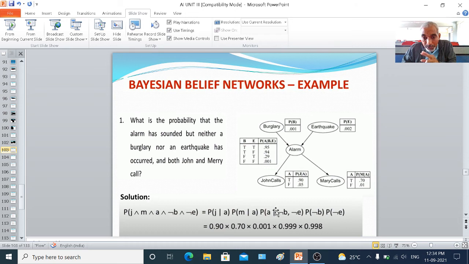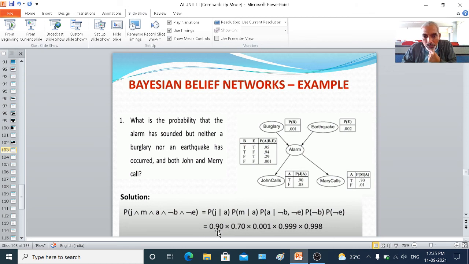So probability of A given that negation B, comma, negation E, right, into the next one: probability of negation B into probability of negation E. These two events do not depend on any other event, so only one event is there. So this is the equation.